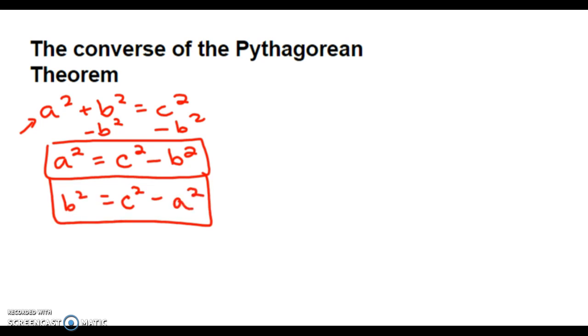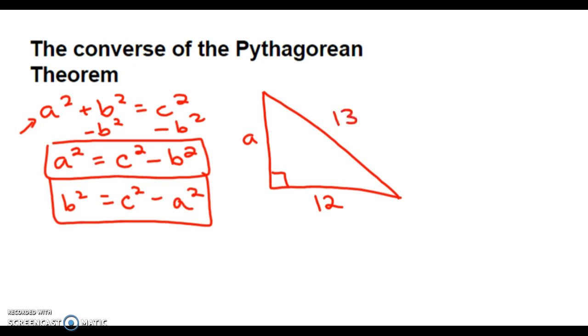So if we have an example where we don't know the length of a leg, we could say that A squared equals C squared minus B squared.